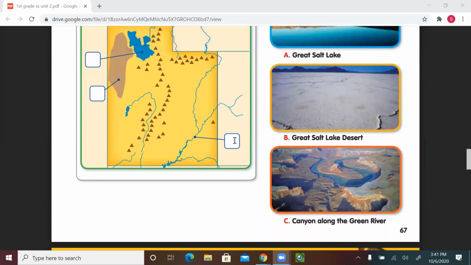So we're going to write letter C in this box. This is all for this exercise.